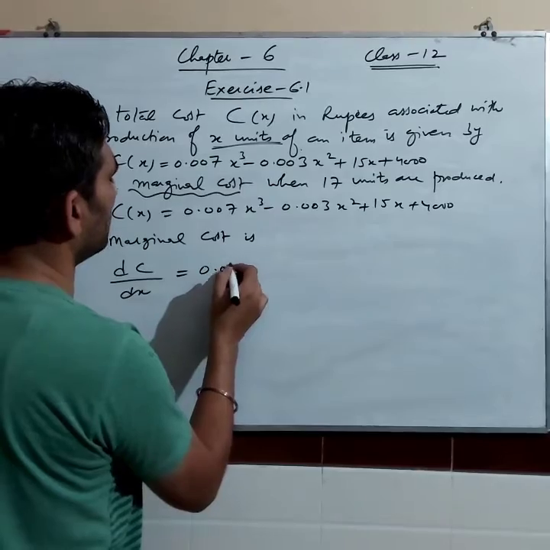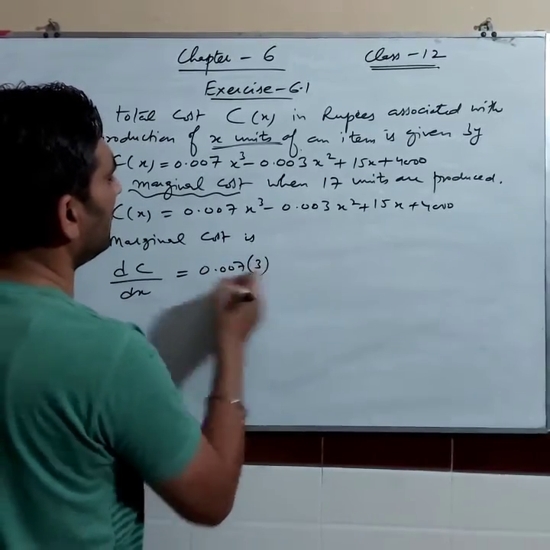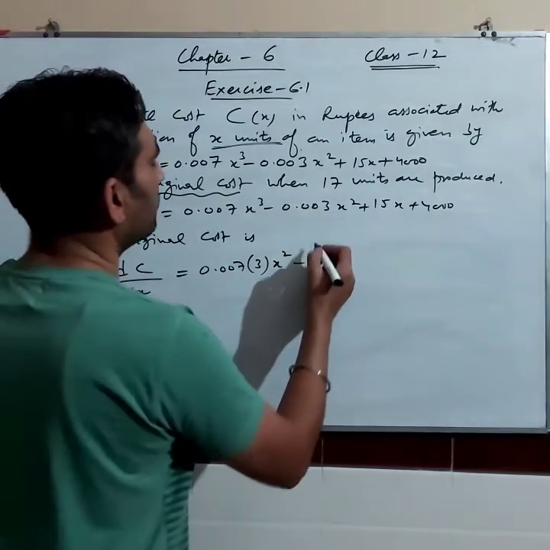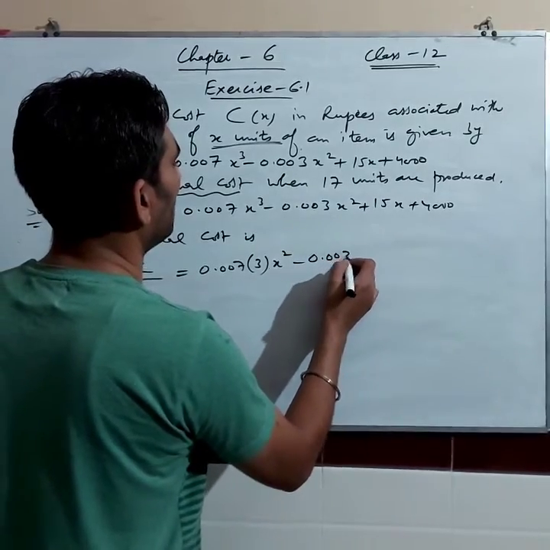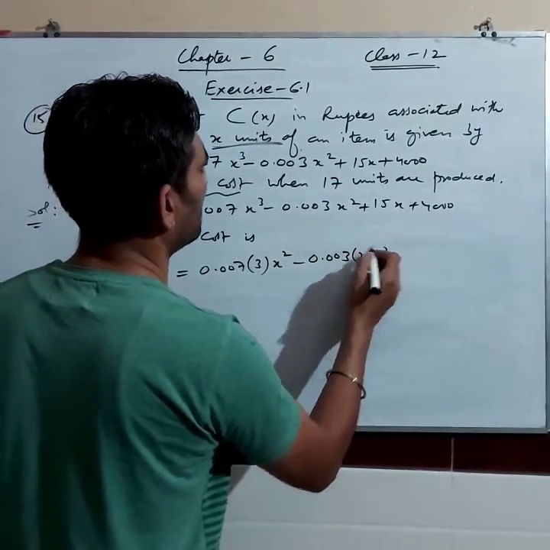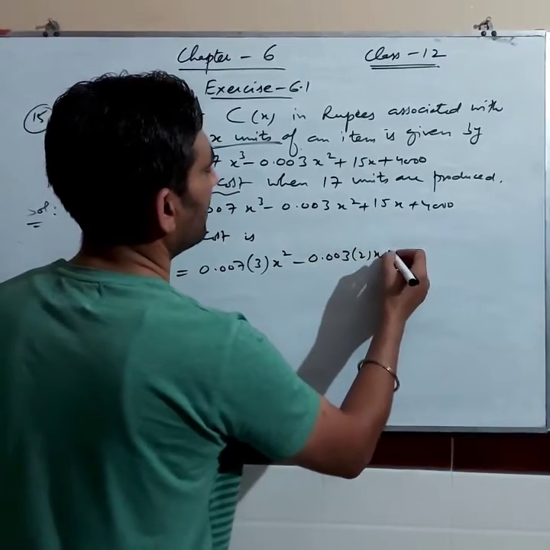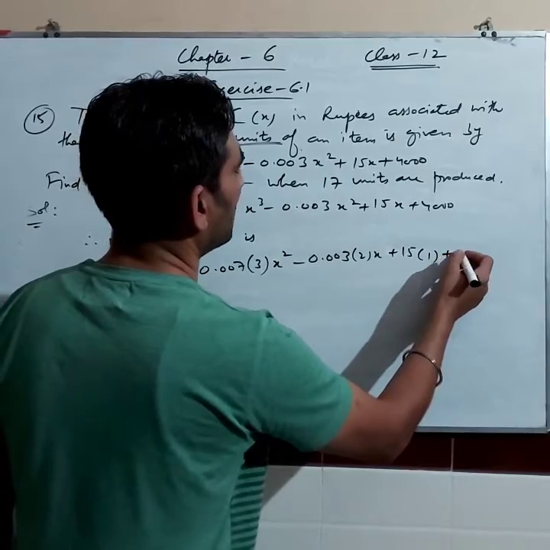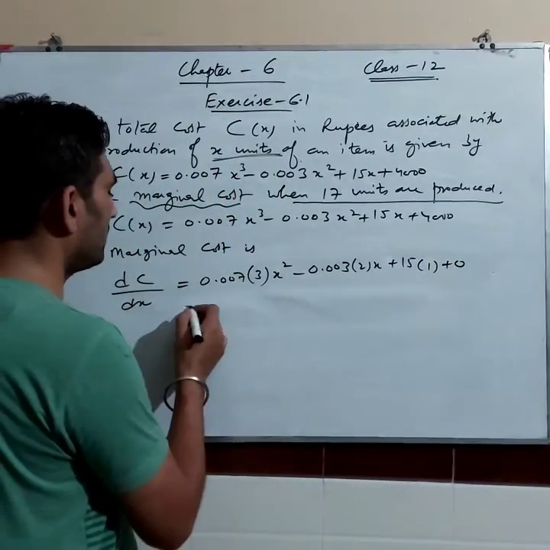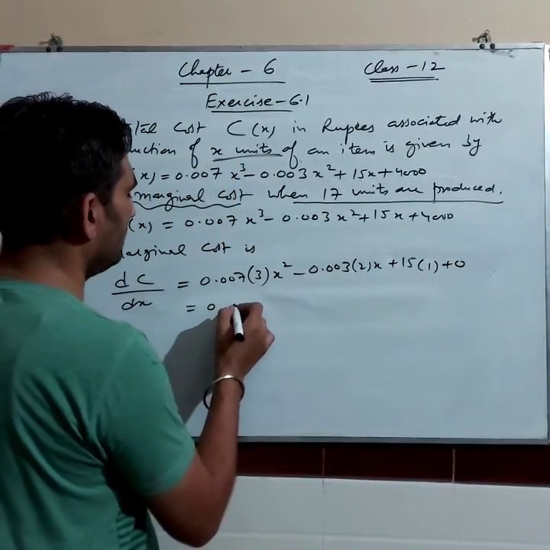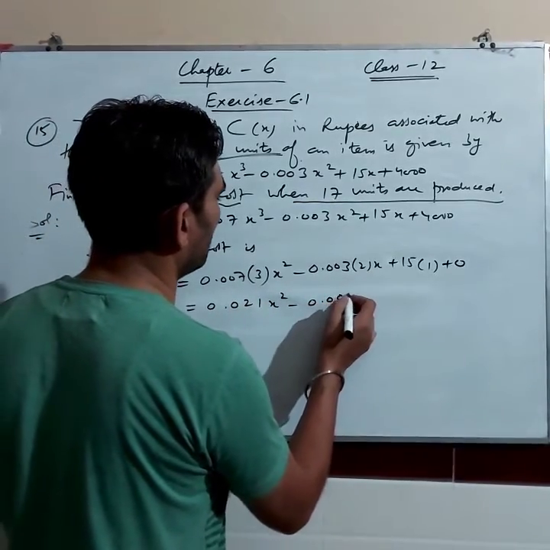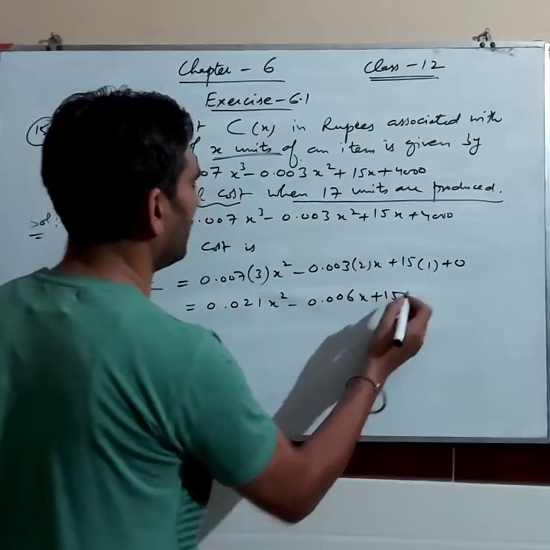It is 0.007 as it is, into 3x square, then 2 into x, and lastly 15 into 1, and 4000's derivative is 0. It will be 0.021x square minus 0.006x plus 15.